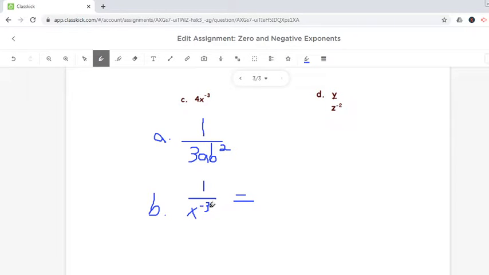So when there's a negative exponent in a fraction, we just put this whole number up on the other side. So we will put x to the third. So we will change the exponent from a negative to a positive. X to the third over 1, and that equals x to the third.